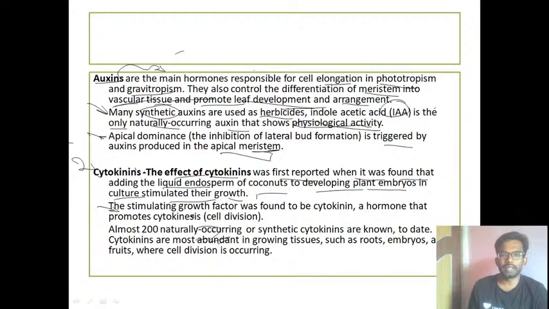So a growth-stimulating factor was found, and cytokinin is a hormone that promotes cell division. Almost 200 naturally occurring and synthetic cytokinins are known to date. Cytokinins are most abundant in growing tissue such as root, embryo and fruit, where cell division is occurring.